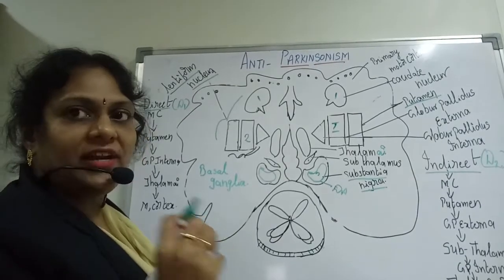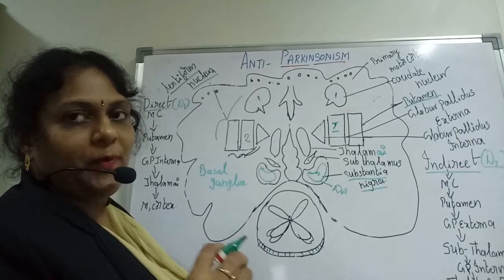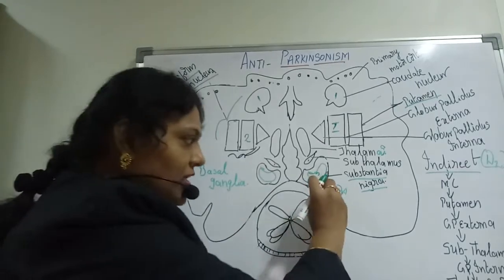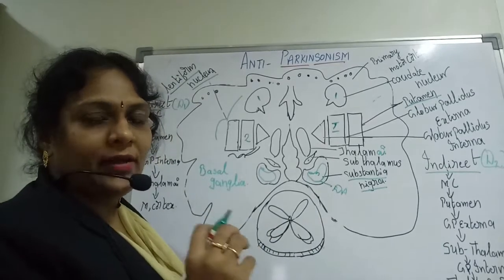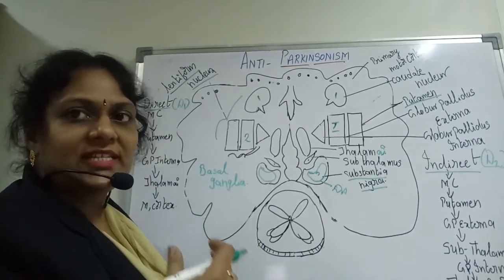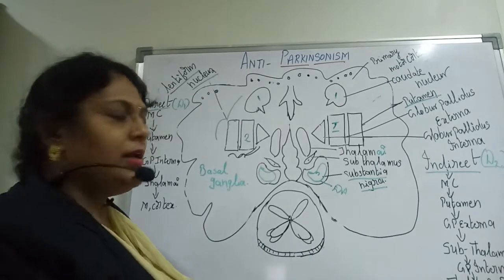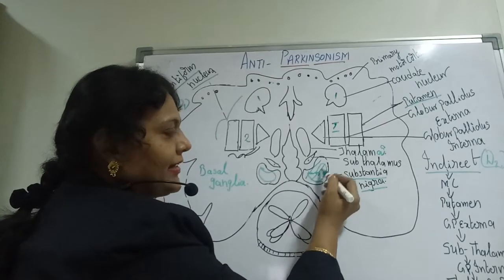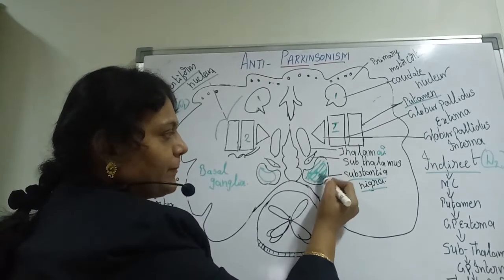So the substantia nigra is the synthesis place of dopamine, and it is the structure causative for Parkinsonism. Whenever there is a deficiency of dopamine, the substantia nigra will be darkened. Why?